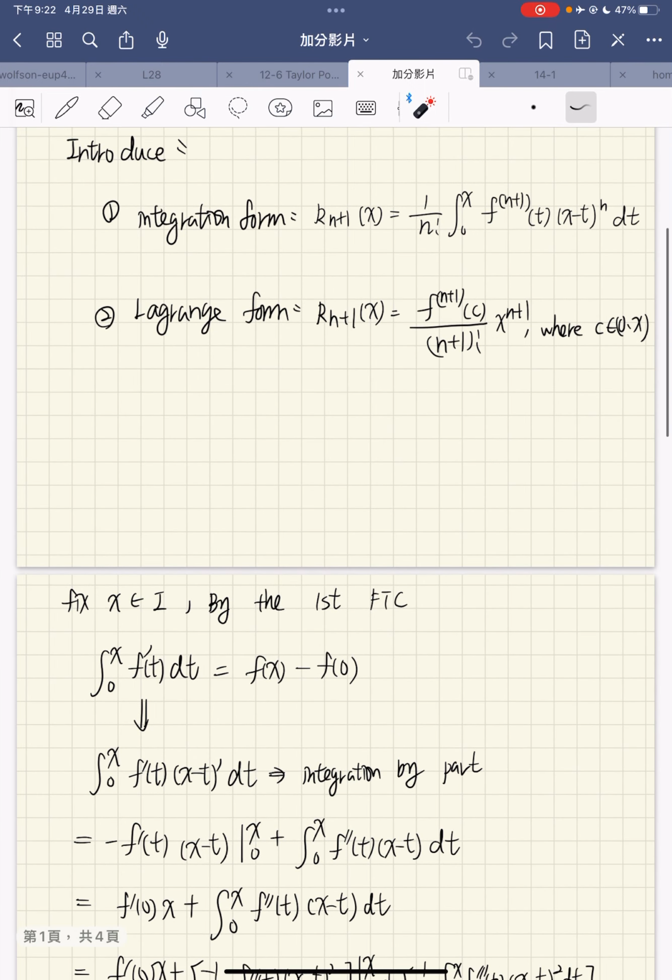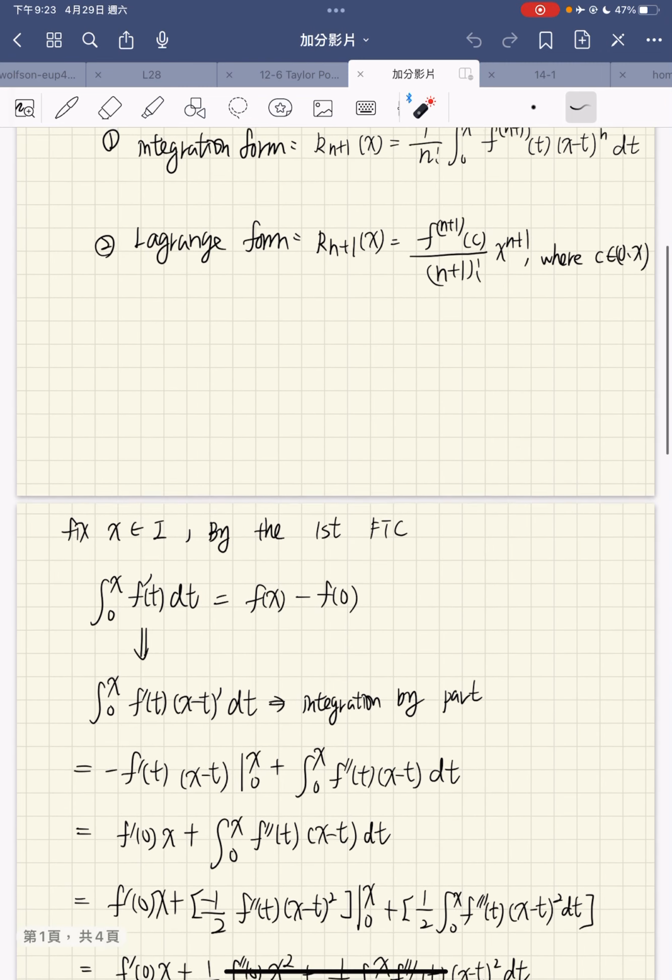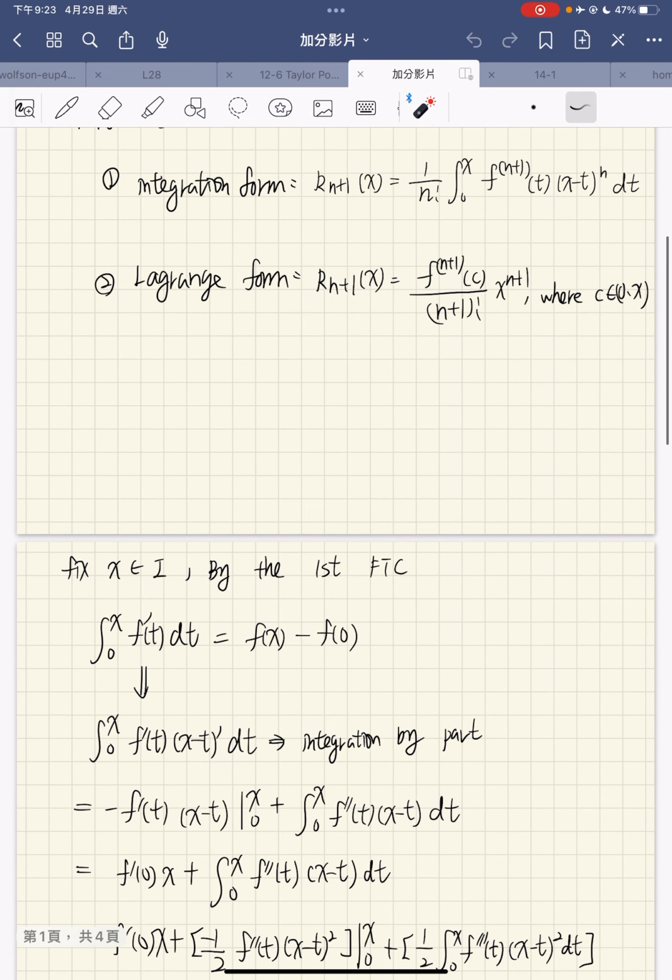Firstly, I want to introduce the integration form. Okay, how can we get the integration form like this?